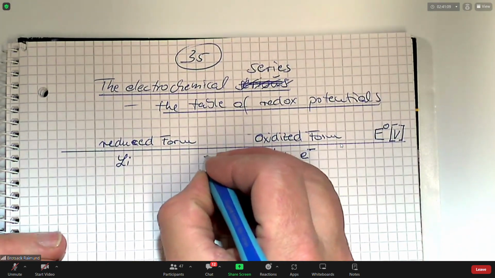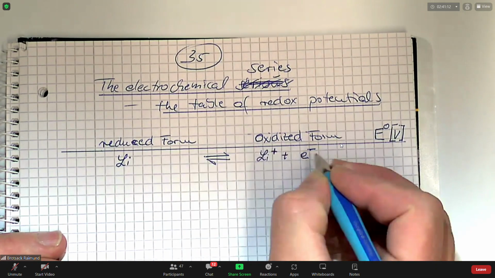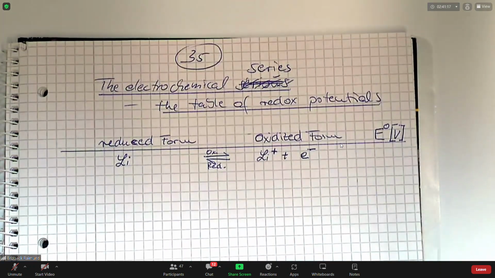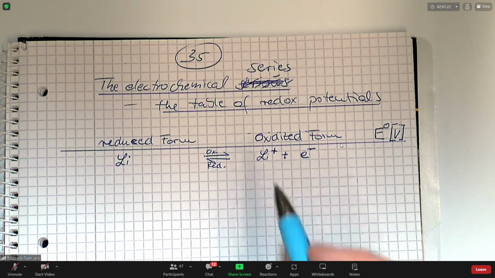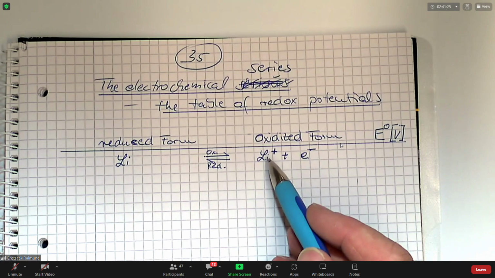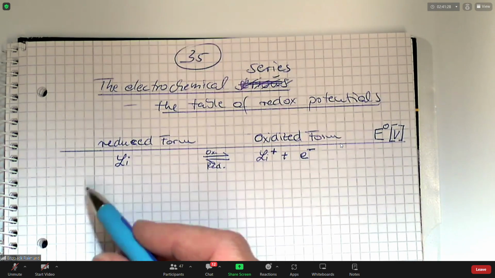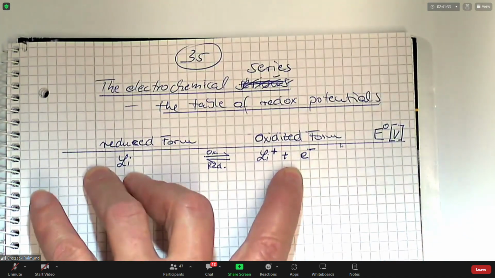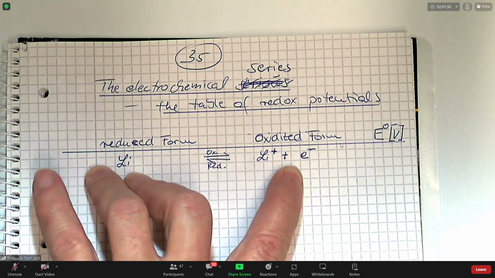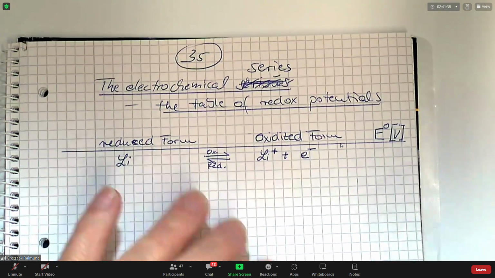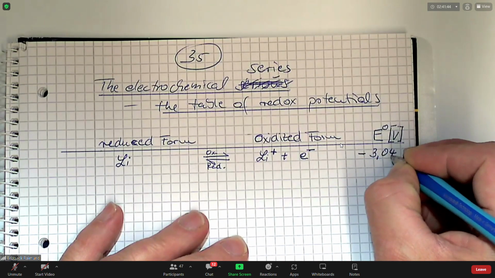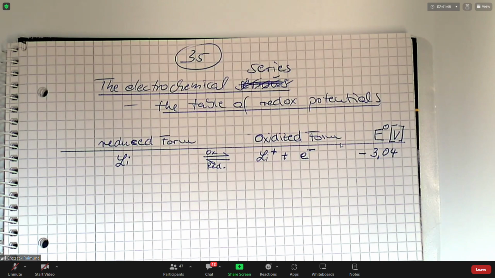So the oxidation is from the left to the right, and the reduction is possible from the right to the left, but it won't work by itself. If we want to reduce lithium ions, we need energy. So from the left to the right, we have a negative potential. Negative means it works by itself. And the value is minus 3.04 volt in this example.